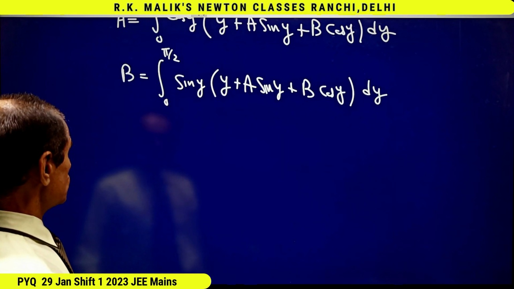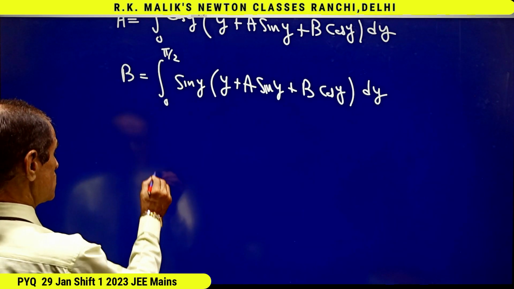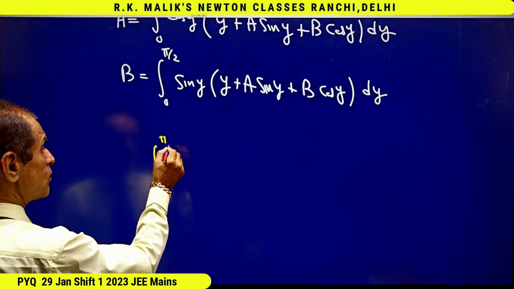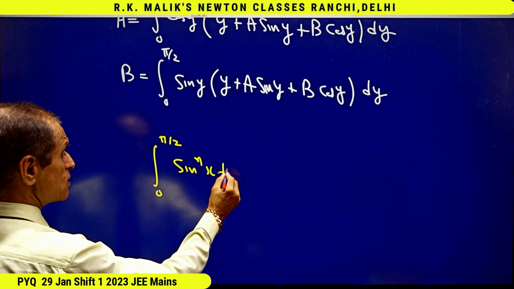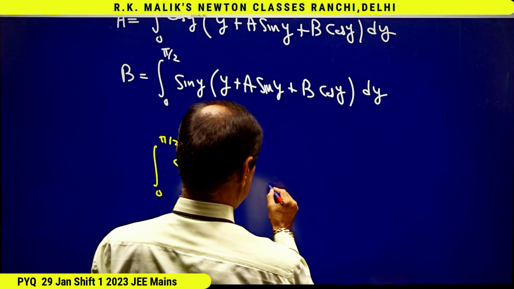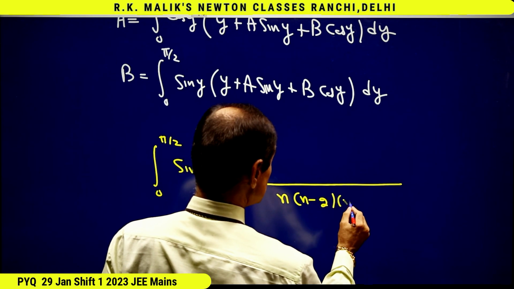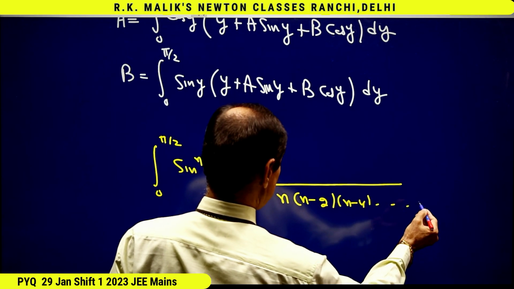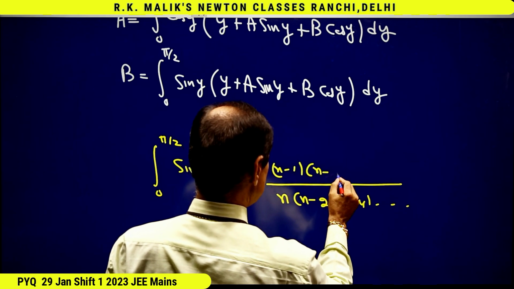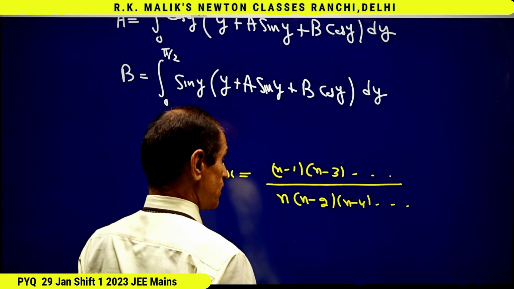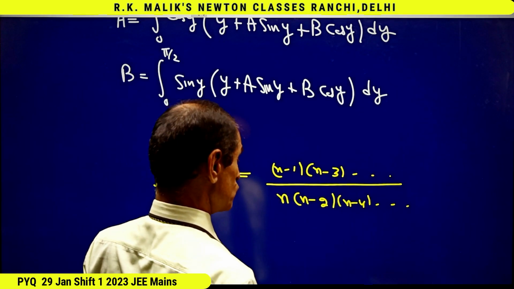Now I am telling you a few formulas which I am going to use. The integral 0 to pi by 2 of sin to the power n x dx: the value of this is always (n minus 1) into (n minus 3) into (n minus 5) and so on, upon n into (n minus 2) into (n minus 4) and so on. It's clear that the difference in these cases is 2.